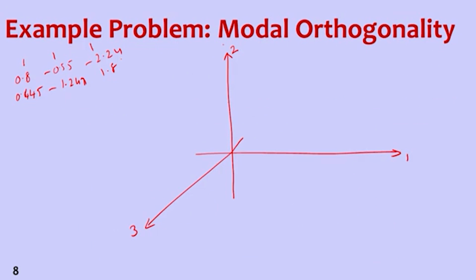Now let us plot the first mode. The first coordinate value, the top one, is 1, so let us put 1. The second coordinate is 0.8, so in the second coordinate let us go to 0.8. The third coordinate is 0.445, all positive values. So we need to draw a line.